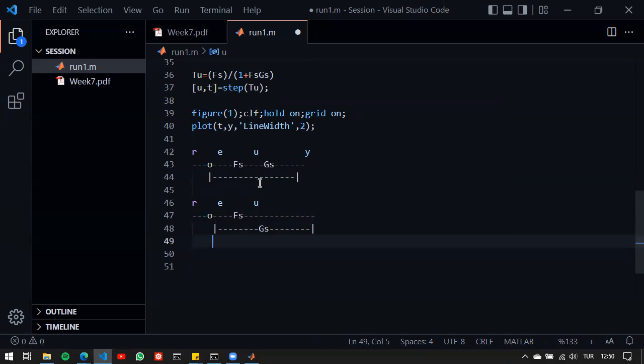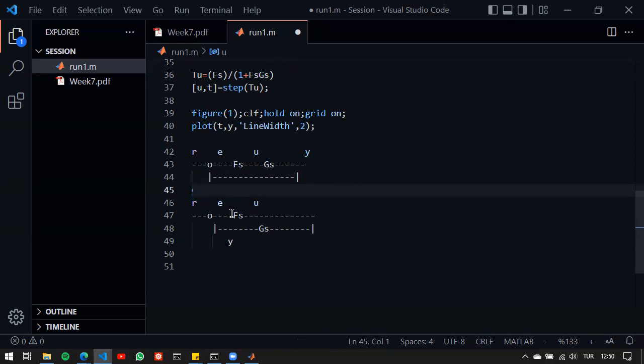Therefore, we have the signal y down here. So I did not change anything here. If you look at this summation point here, you have r, and then we have y, and then r minus y gives us e, and e times Fs gives us u, and again u is the input of Gs. So therefore, this is basically the same block diagram as the previous one here.